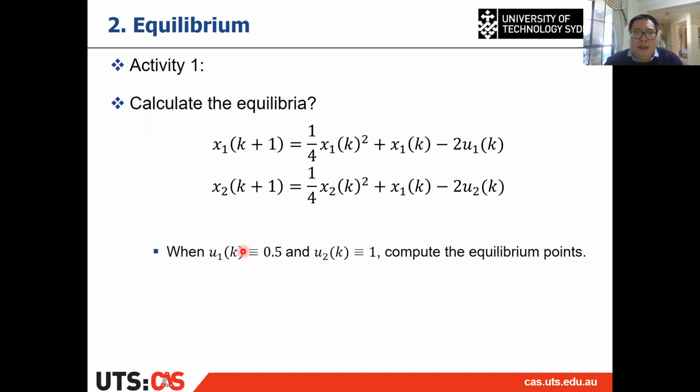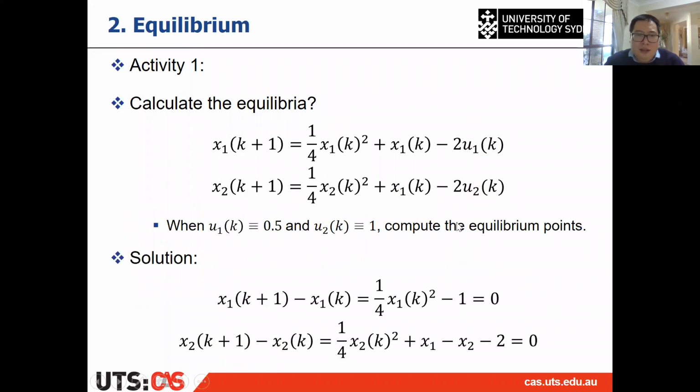So again, we want to calculate, when u1 is constantly equal to 0.5 and u2 is constantly equal to 1, what are the equilibrium points? The first thing is you back substitute 0.5 for u1 and 1 for u2 into those two equations.